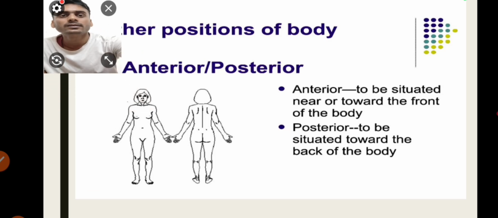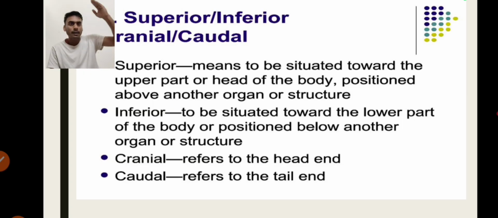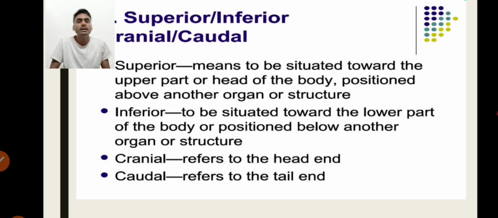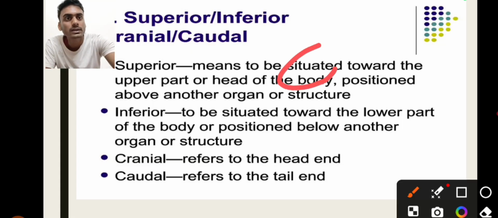We discuss superior and inferior, cranial and caudal. Superior means the upper part of your body, inferior means the lower part of your body, cranial refers to the head end, and caudal refers to the tail end. You can easily understand with a diagram. Suppose this is a body.